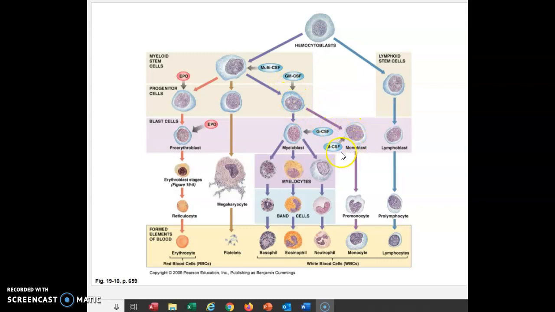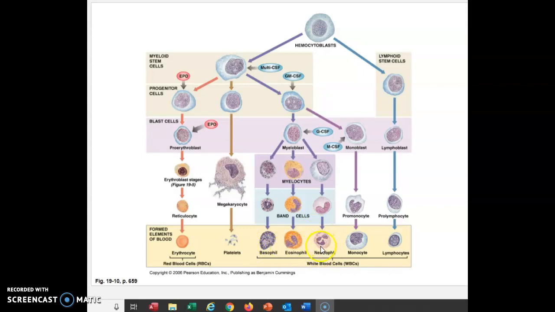If it is exposed to the monocyte colony stimulating factor, then it will eventually become a monocyte. If it is exposed to the granulocyte colony stimulating factor and becomes a myeloblast, then it will have three possibilities of what it will be able to turn into, either a neutrophil, eosinophil, or basophil.